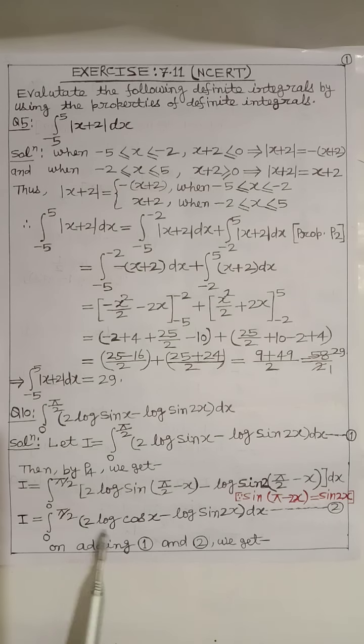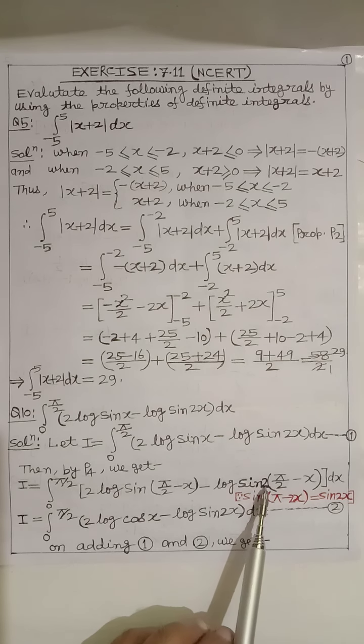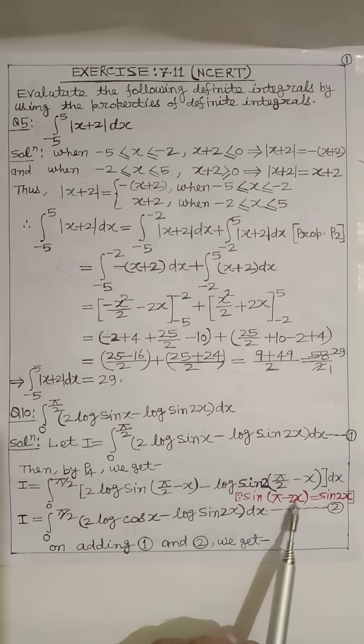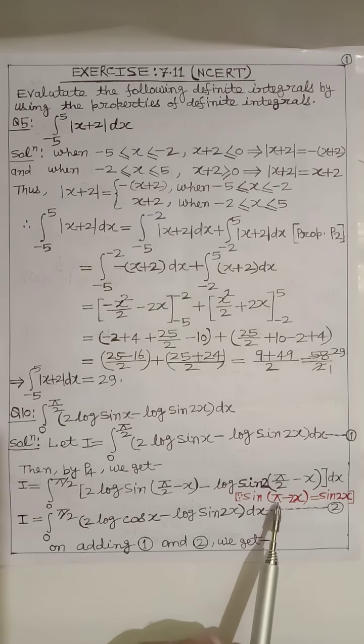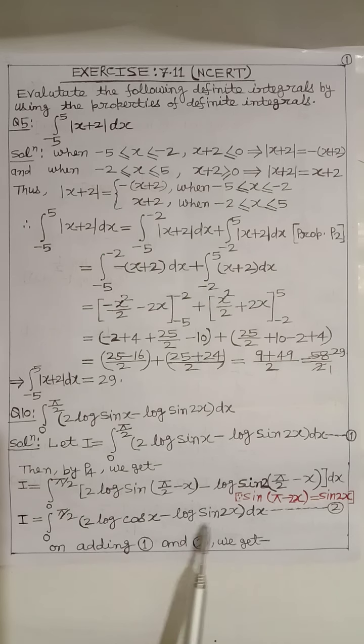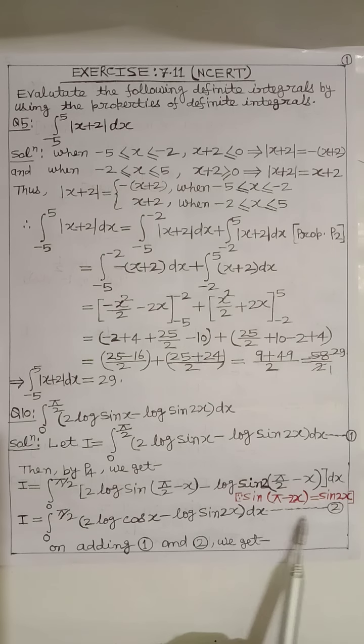So we have written log cos x minus here sin 2(pi by 2 minus x). This can be written as sin (pi minus 2x), and sin (pi minus 2x) is equal to sin 2x. So we have written here minus log sin 2x dx. This is taken as 2.